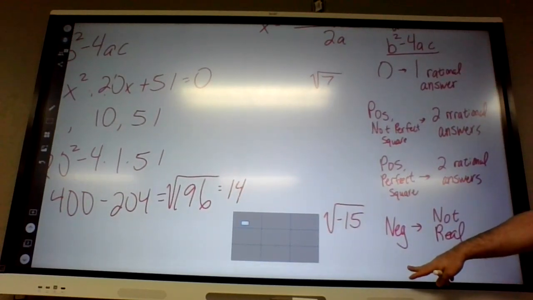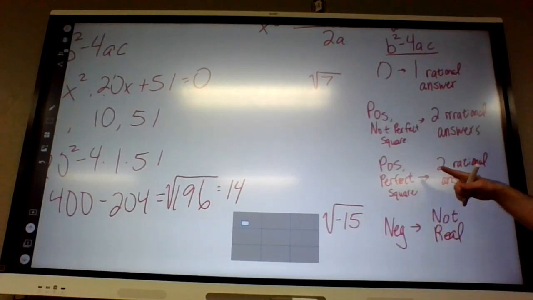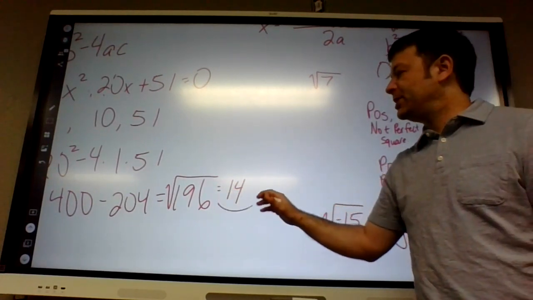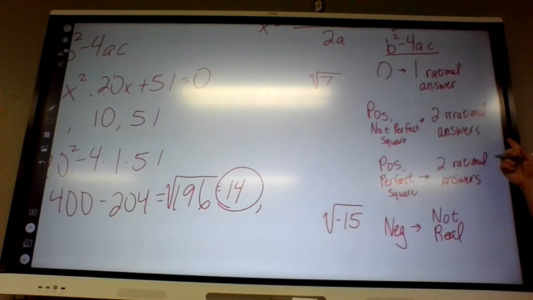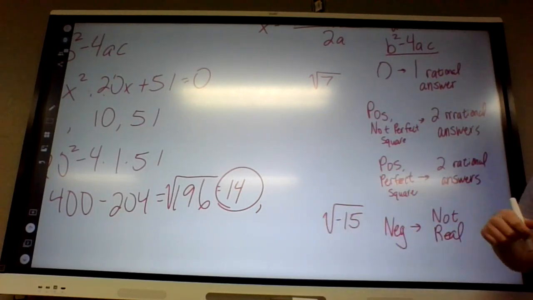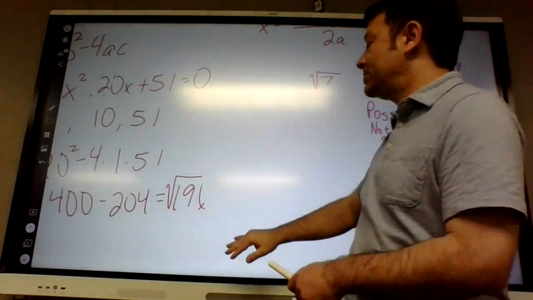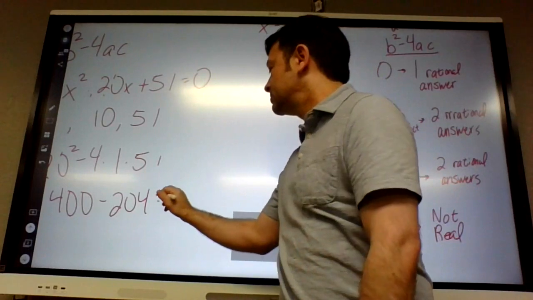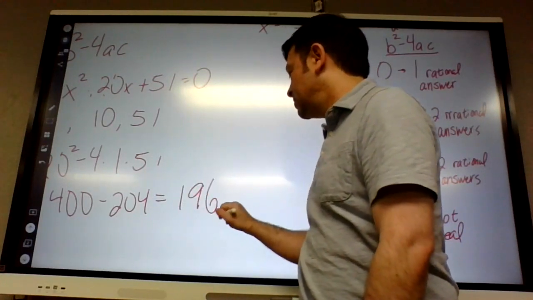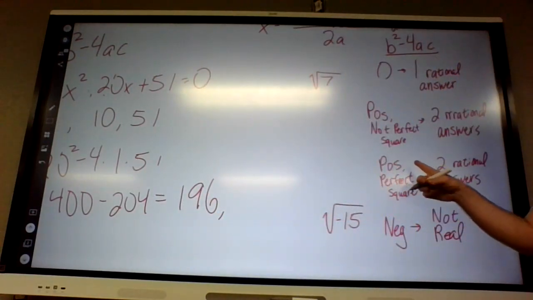So we're supposed to put 14, but we're also supposed to put, what kind of answers would we get? Oh, no, sorry. We're supposed to put 196, not 14. It's positive, and is it a perfect square?